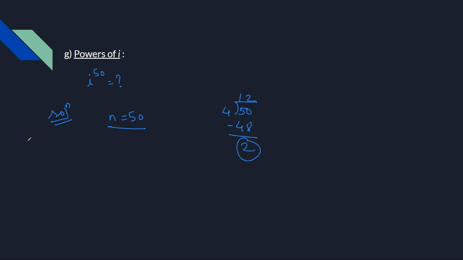So my remainder r is 2, and n equals 12 into 4 plus 2. Therefore I raised to 50 equals I raised to 2, and I raised to 2 is minus 1. So I raised to 50 equals minus 1, which is solved very easily.